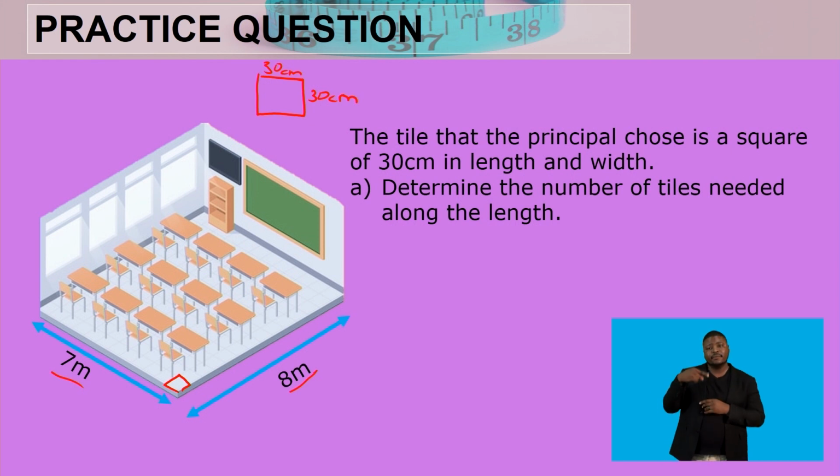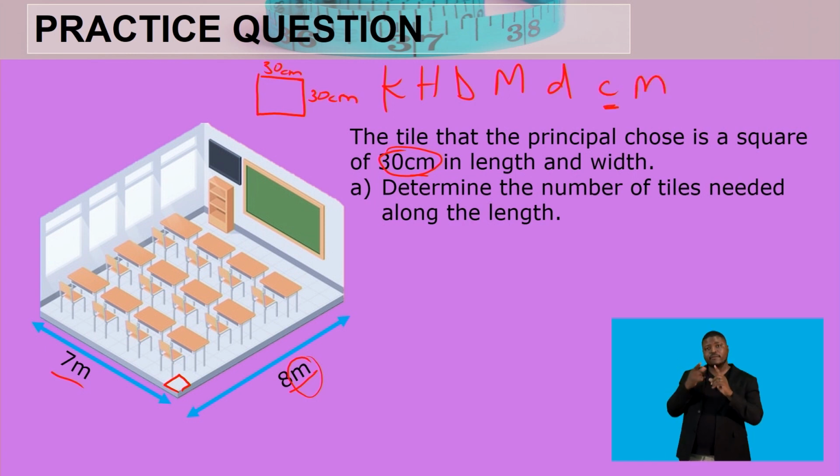Firstly, we can check that the unit of the tile is in centimeters, while the length of the room is 8 meters. So we have to do the conversion because we cannot divide units that are not the same. Firstly, we convert the units of the tile. Where are we moving from centimeters to meters?